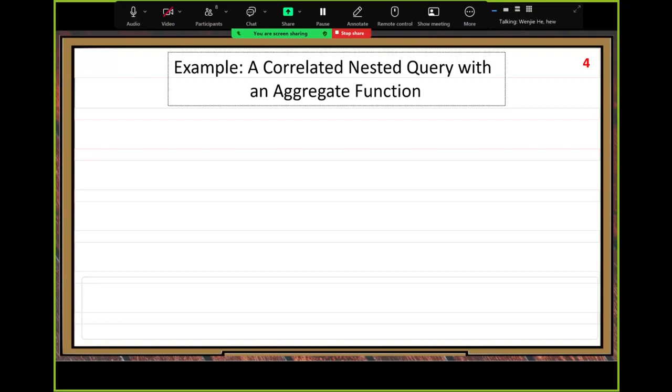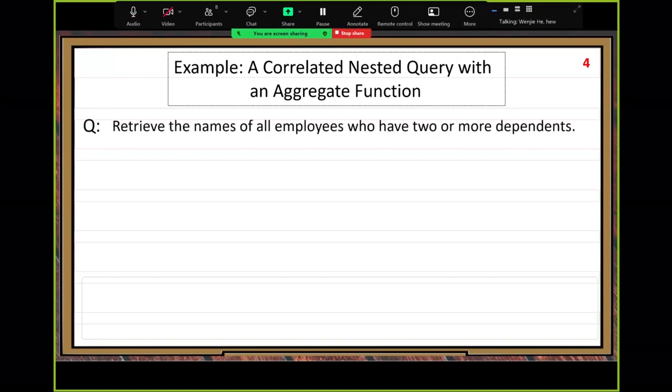Example: a correlated nested query with an aggregate function. Question: retrieve the names of all employees who have 2 or more dependents. In our first homework assignment, we just wanted to retrieve at least one dependent.